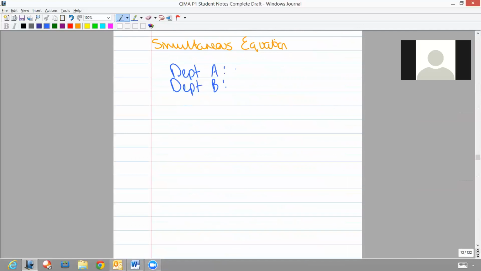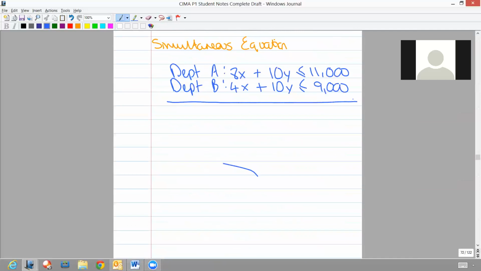So we've got 8x plus 10y equal to or less than 11,000 hours. And then we take 4x plus 10y equal to or less than 9,000 hours. What you then need to do is deduct one from the other. We're not worrying about any negative figures here. We just need to deduct them.